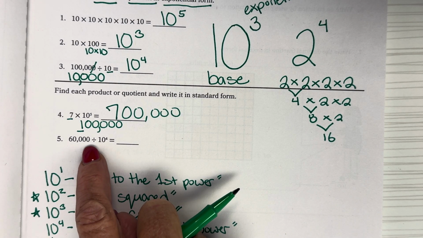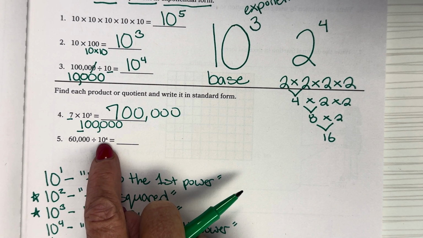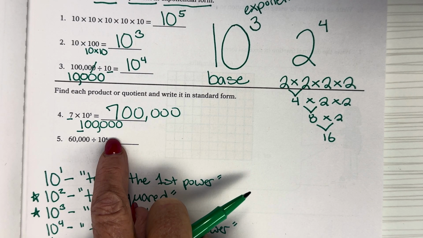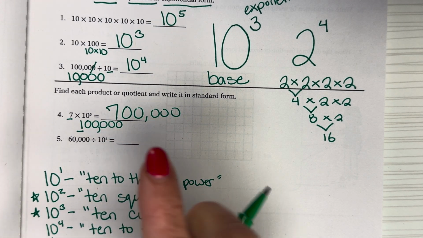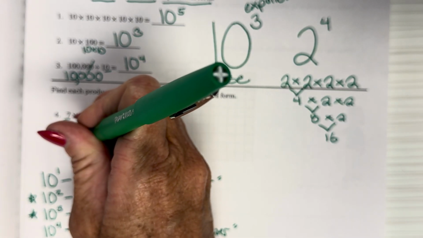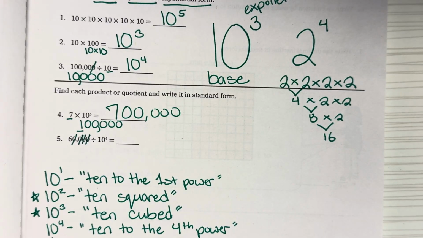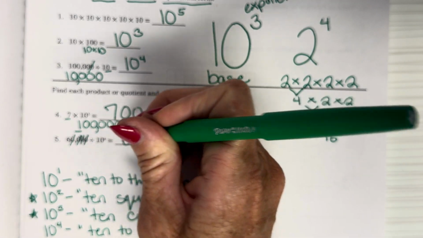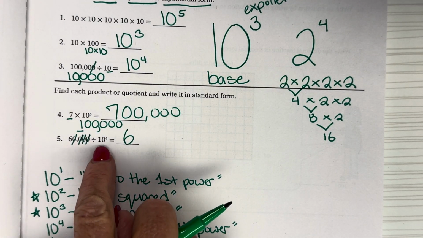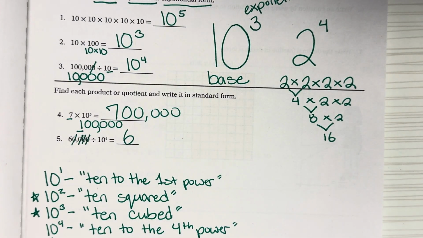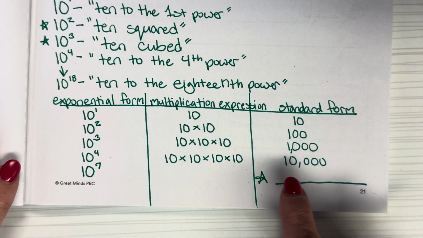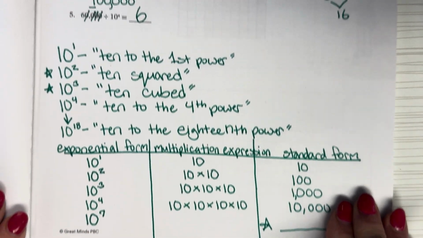Now this one is different because it's going to be getting smaller. So I'm going to have to take away zeros. So 10 to the 4th power should have 4 zeros. So I'm going to take away 1, 2, 3, 4, which would leave me with just 6, which makes sense because 10 to the 4th power, if I look down here, is 10,000.